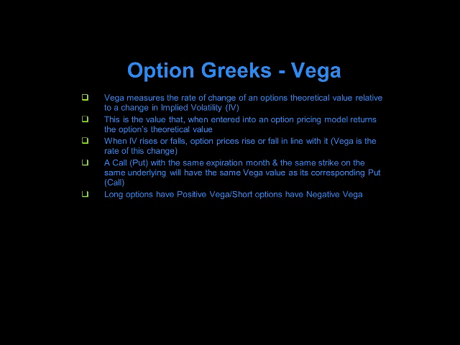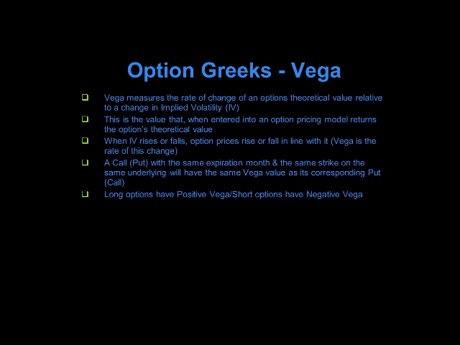If you're short a put, you're positive delta, negative gamma, positive theta, negative Vega. So if you're short a call or a put, again, gamma, theta, and Vega are all the same. Whether it's a call or a put, if you're short, gamma is negative for both. Theta is positive for both. Vega is negative for both. The only difference is delta.